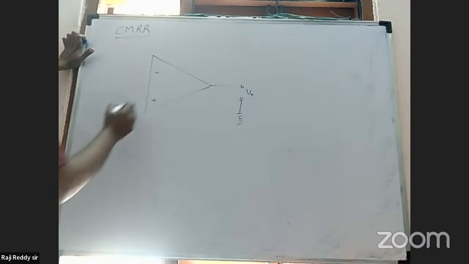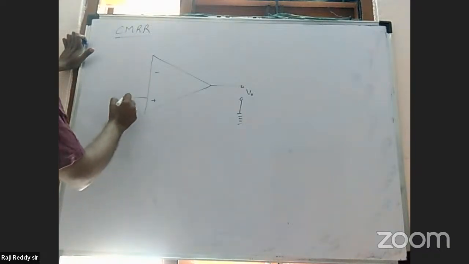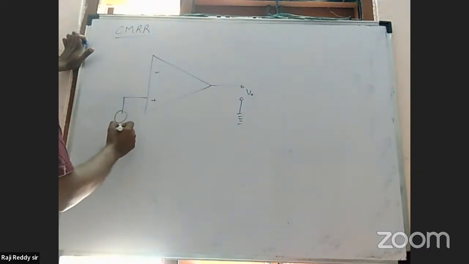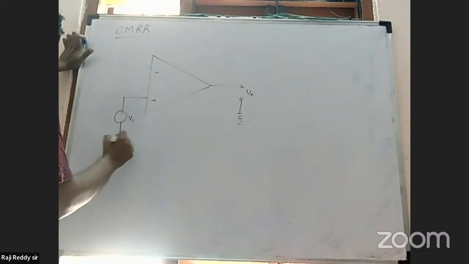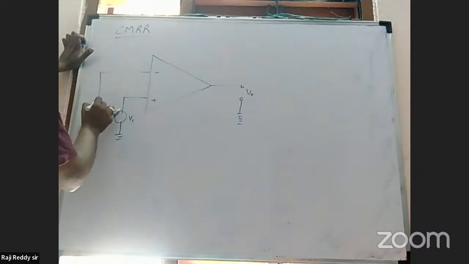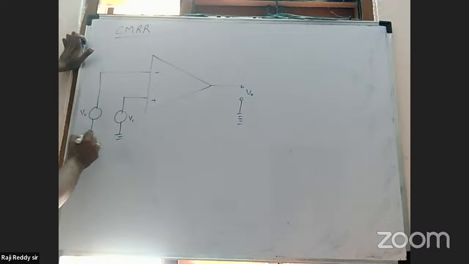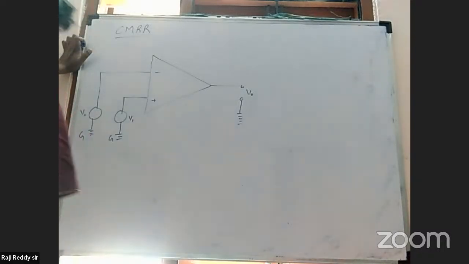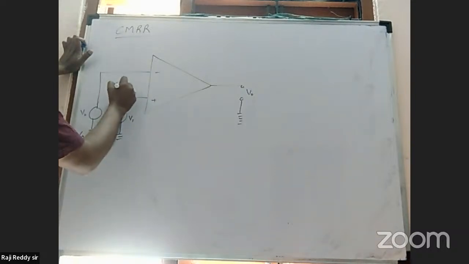Here are the input values, the input voltage. One terminal is 1, the other terminal is 2, so here V2 can use the ground connection. The difference in voltage is VD is equal to V1 minus V2.